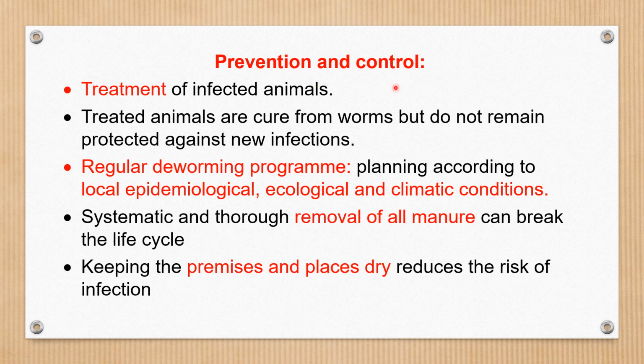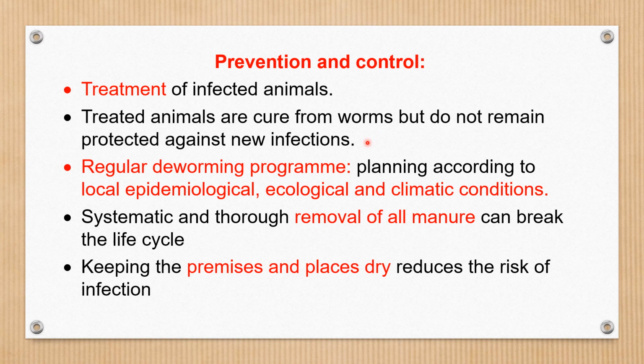Prevention and control: treatment of infected animals, we have already seen in the treatment part, but the treated animals are cured of the worms, but they do not remain protected against new infection. It will cure the disease, but it will not prevent new infection.